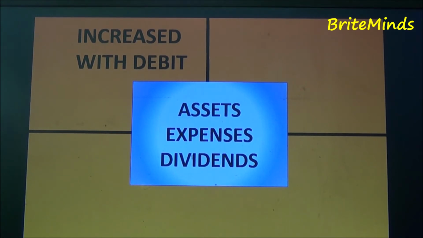And according to the third rule of debit and credit, debit the receiver. So who are the receivers of the dividends? The stockholders. Remember, increase in assets are recorded as debit.